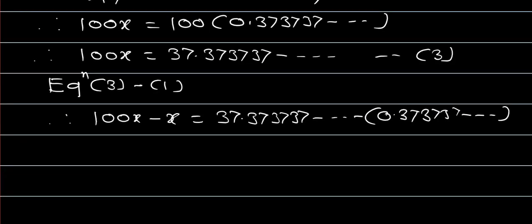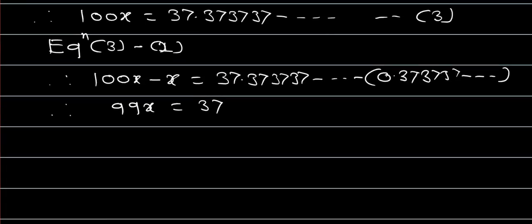Therefore we will get 99x equals 37. Therefore x equals 37 upon 99.